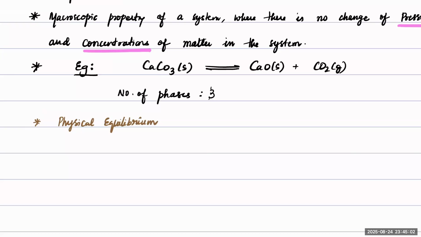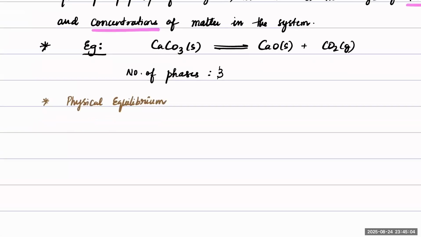That is called physical equilibrium. So as long as physical equilibrium is concerned, we expect that the pressure comes to a constant value. And then we have thermal equilibrium.